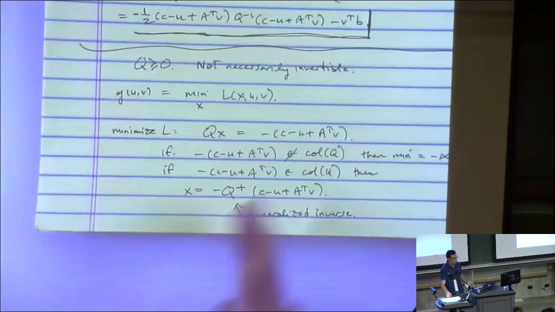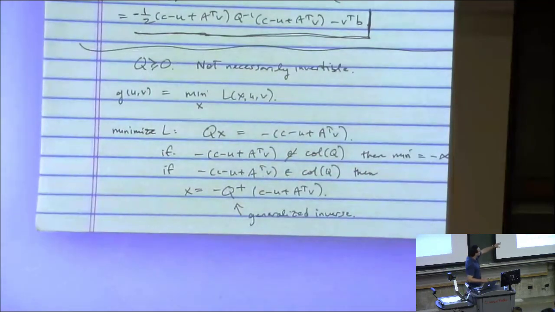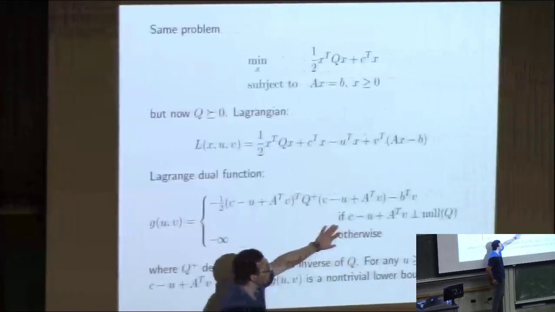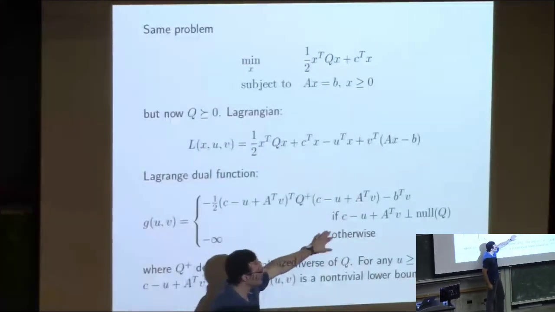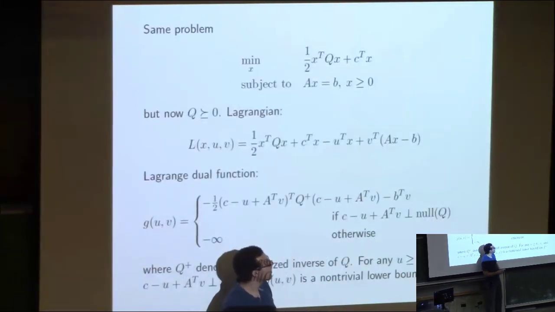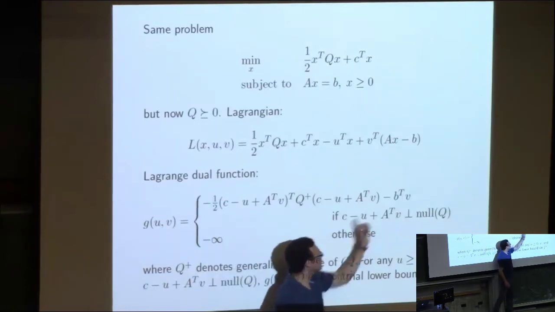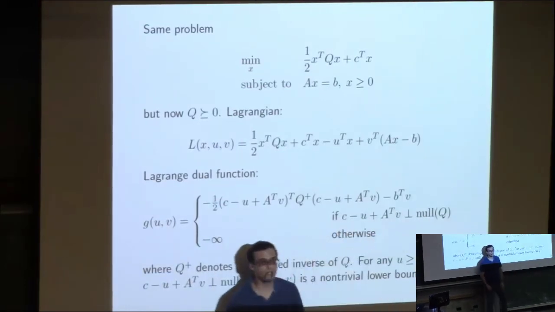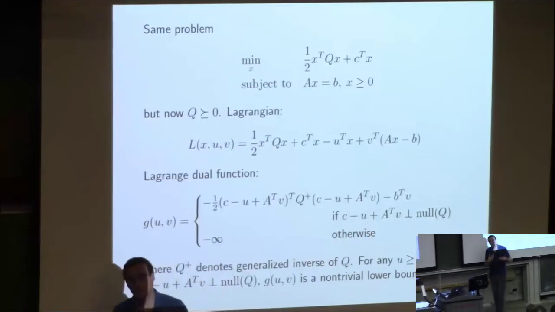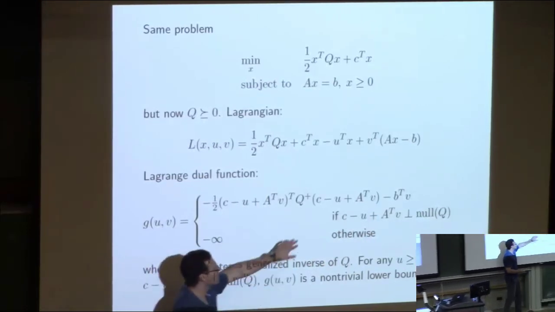So there's another way of expressing the same conditions. Otherwise, it's minus infinity. This is, in fact, a linear constraint. If you gave me a matrix M whose columns were a basis for the null space of Q, then this would be equivalent to M times this vector equal to 0. So it just gives us another linear constraint in our QP.